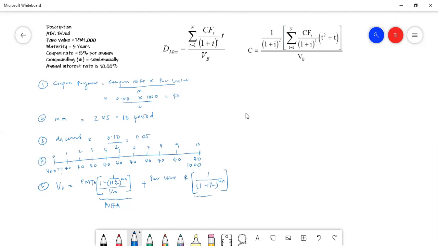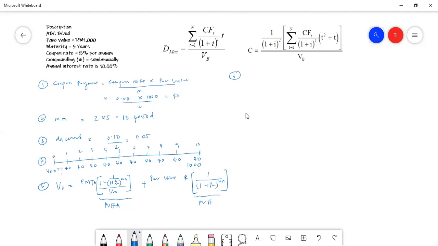As you can see, the second formula is the present value interest factor. So it's combining the annuity as well as the present value interest factor in the payment.